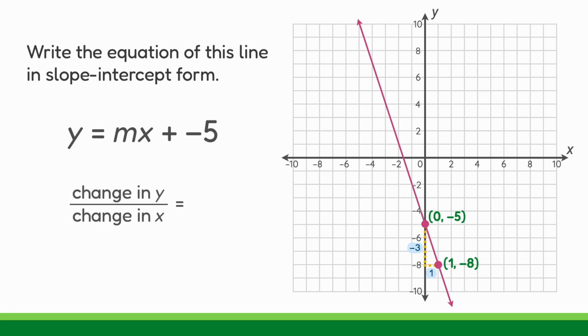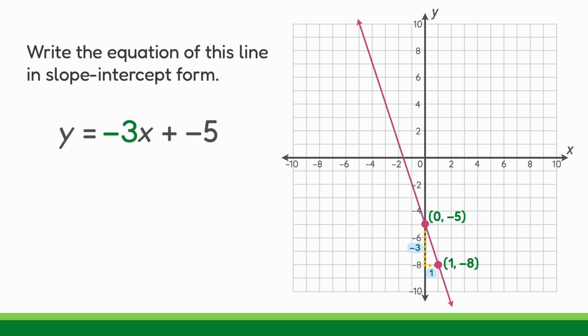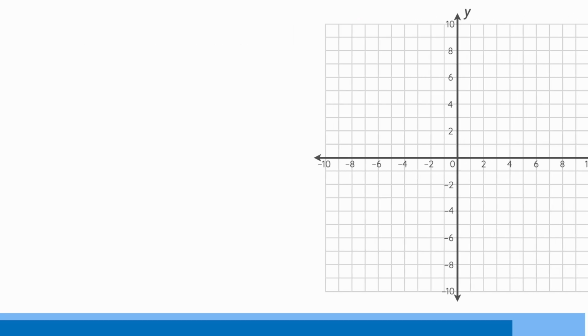So the change in y over the change in x is -3 over 1, which just simplifies to -3. So our slope, m, is -3. Our equation in slope-intercept form is y equals -3x plus -5, but we can write this more simply as y equals -3x minus 5.